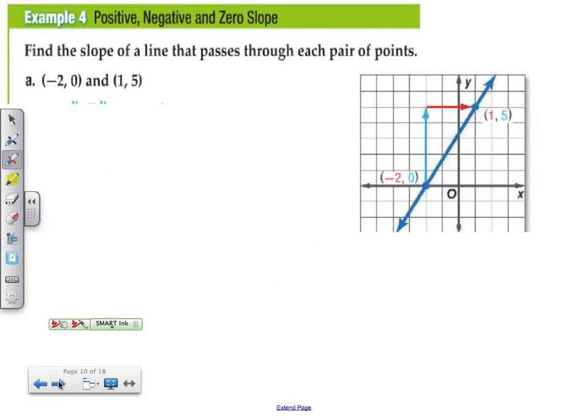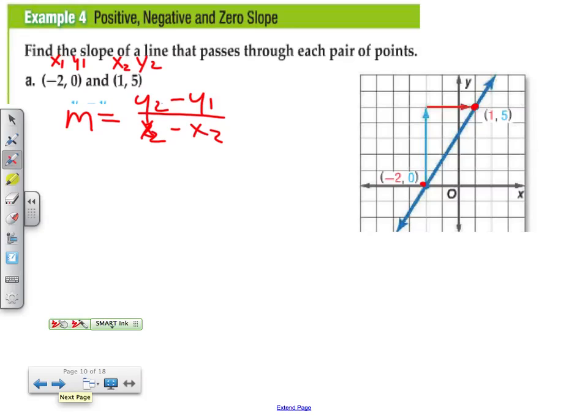So we have 2 points. We have the point -2, 0, which is here, and the point 1, 5. And we're going to find the slope of the line that connects those 2 points. So we'll say m equals y sub 2 minus y sub 1 over x sub 2 minus x sub 1. I always like to label my points x sub 1, y sub 1, x sub 2, y sub 2.